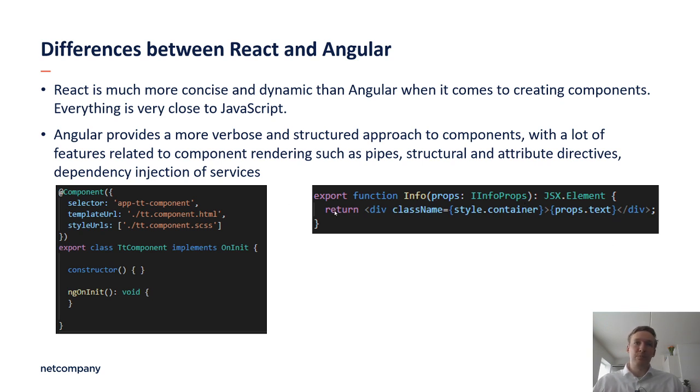That's almost a one-liner, and you can compare that with a very simple Angular component where the decorator here actually probably takes up more space than this whole function. So you do run into Angular being more verbose, but also more structured.